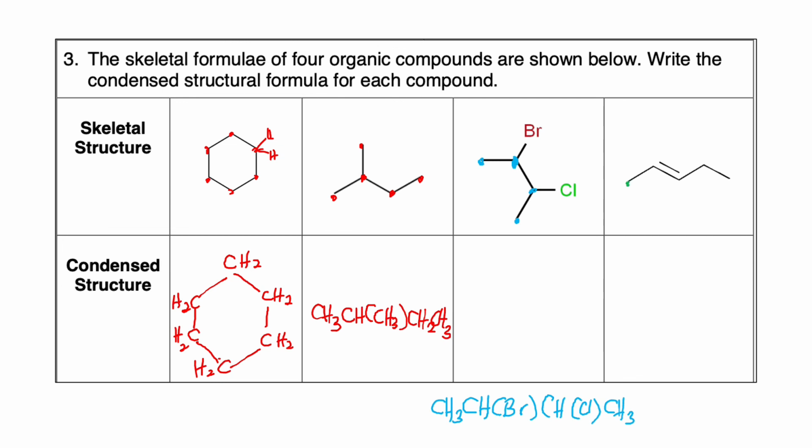So still this is carbon number 1, carbon number 2, carbon number 3, 4 and 5. So how are we going to write the condensed? CH3 for carbon number 1, carbon number 2 CH, double bond CH. So the double bond is between carbon number 2 and 3. And then CH2 and then CH3. Like that.